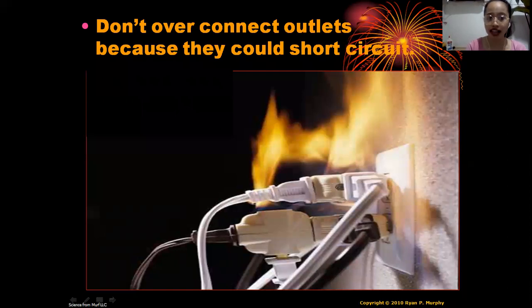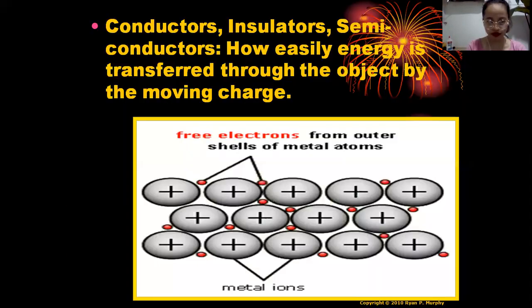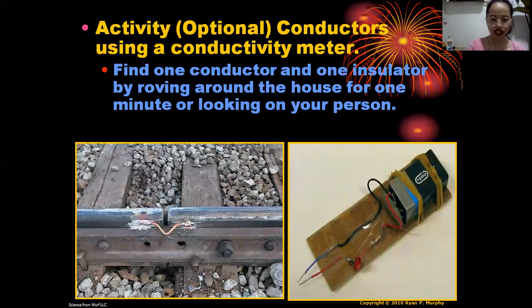Don't overconnect outlets because they could short circuit. Maybe it can create a fire. Just like this one, your Christmas tree. Okay, so we're done with this. So this time in your activity, I want you to get an example there in your house.